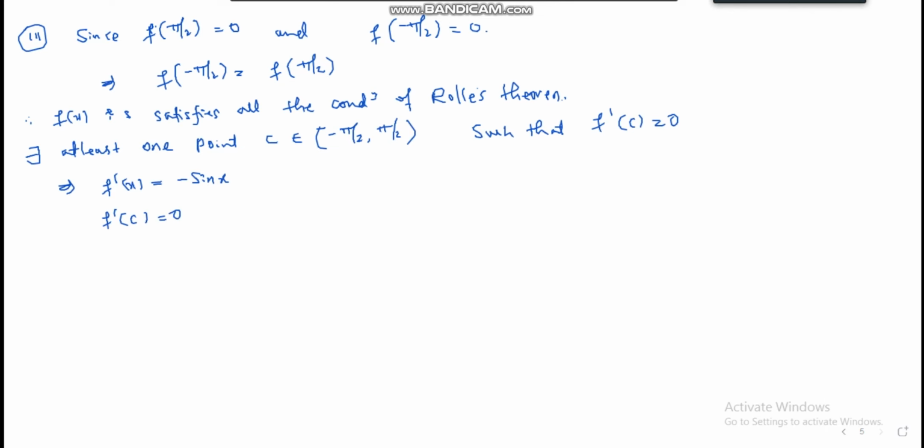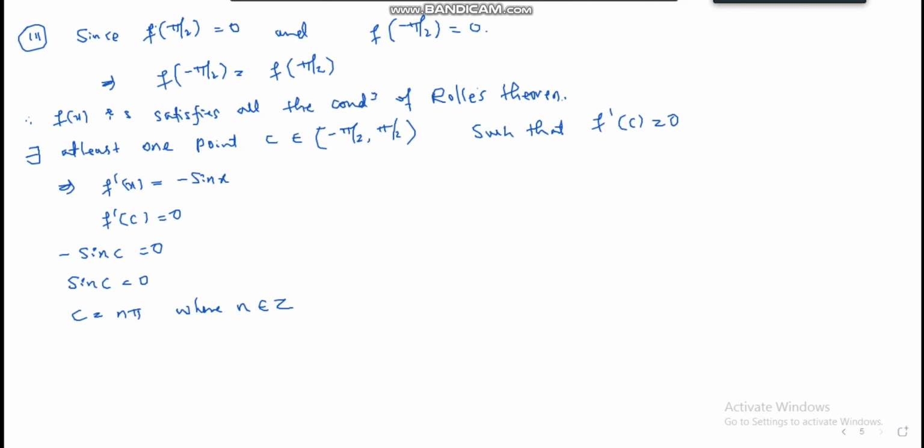So it becomes minus sin c is equal to 0. So we are getting sin c is 0. Therefore c is equal to n pi, where n belongs to integers.